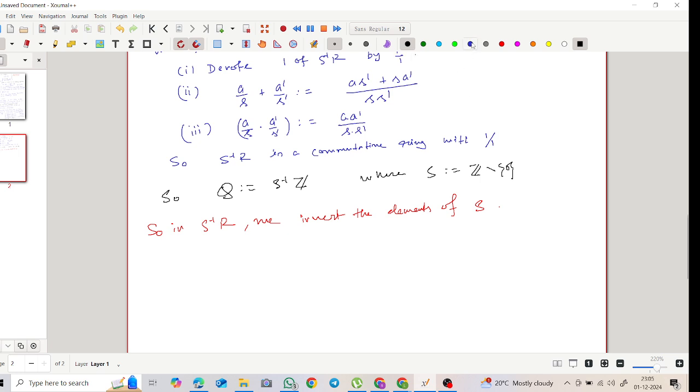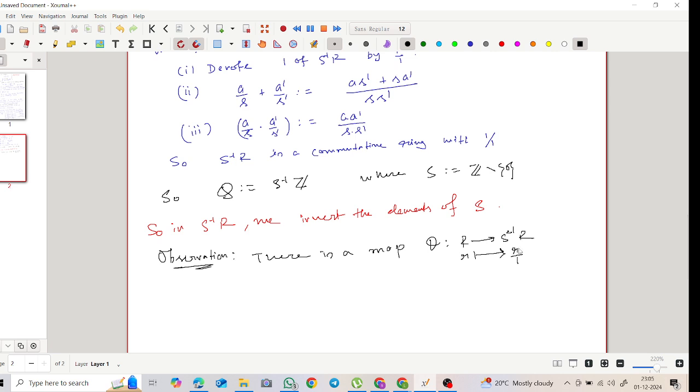Then another thing, remark or maybe observation. There is a map, maybe call it theta, from R to S inverse R, where r, an element of R, goes to r by 1.